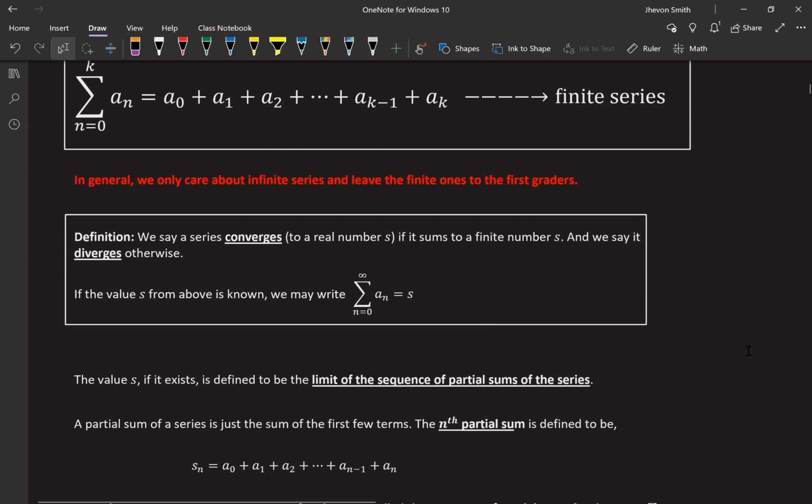Like how we can say the series n goes from 1 to infinity of minus 1 to the n over n is actually minus ln 2. Or the series n goes from 1 to infinity of 1 over n squared is equal to pi squared over 6, etc. These guys actually add up to a finite value, believe it or not. Okay, but these are things you would have seen already.